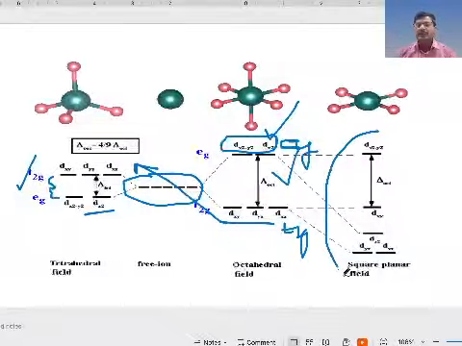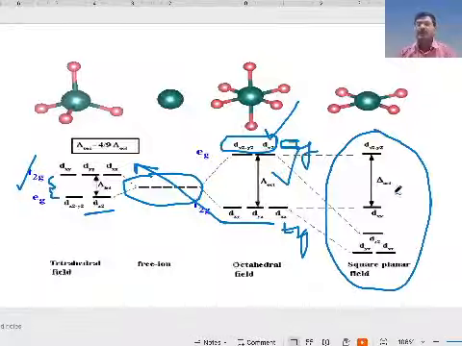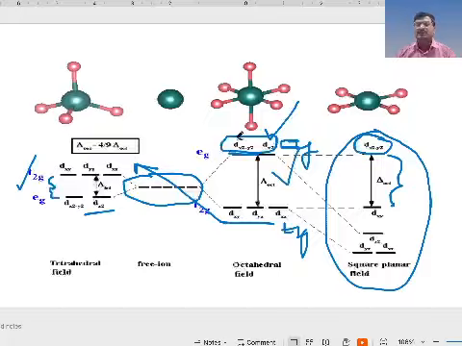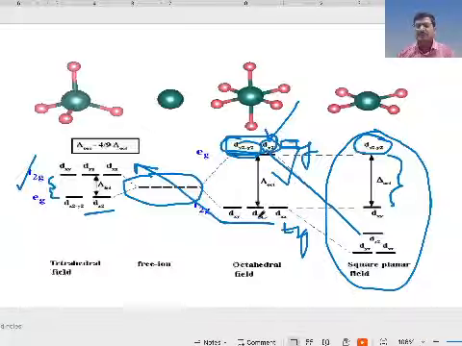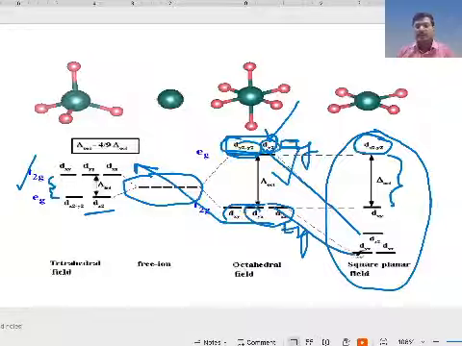When you come to square planar, it has a total of 4 energy levels. The first two energy levels are equal to the octahedral splitting. That means there is no change in the energy of the dx square y square in octahedral and square planar. But here, the dz square orbital energy is decreasing and the yz and xz orbitals' energy is decreasing.